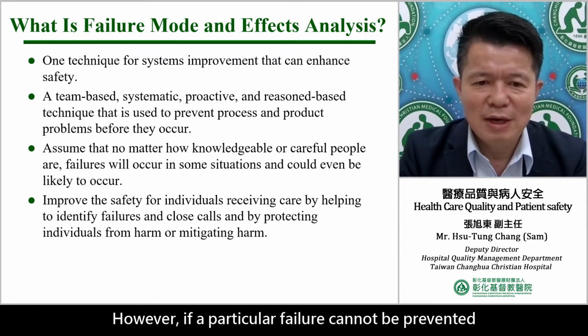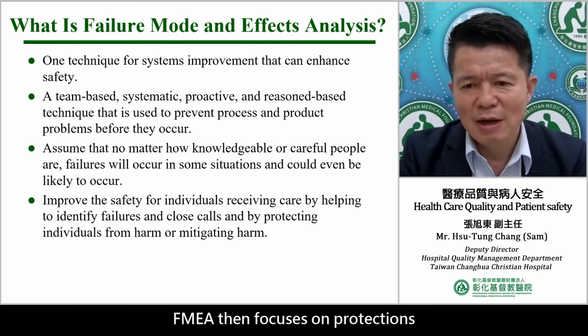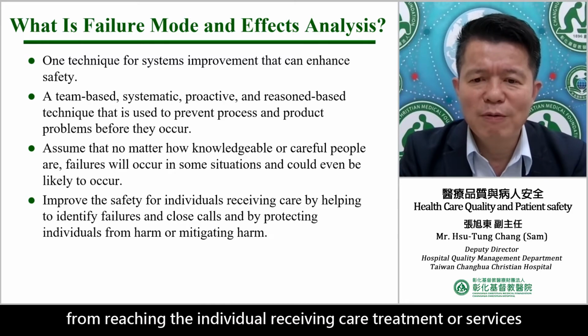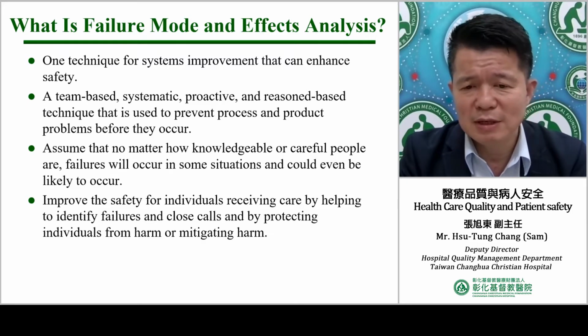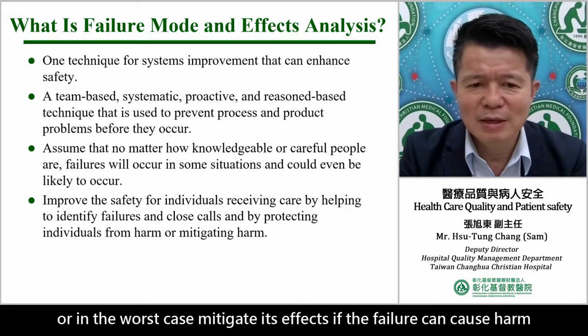However, if a particular failure cannot be prevented, FMEA then focuses on protections that can be put in place to prevent a failure from reaching the individual receiving care, treatment, or services, or in the worst case, mitigate its effects if a failure can cause harm.